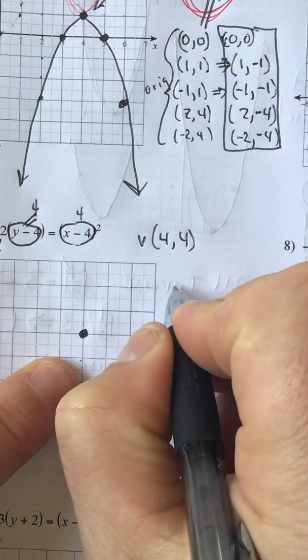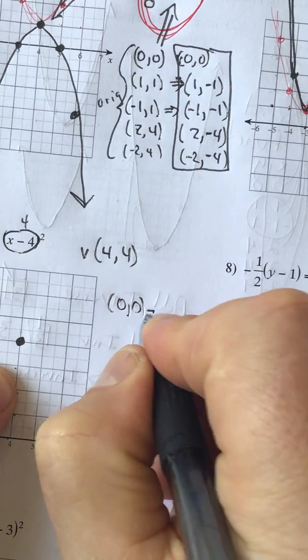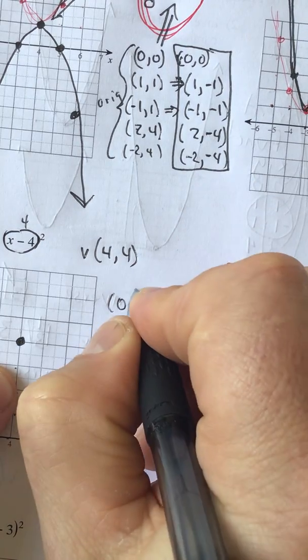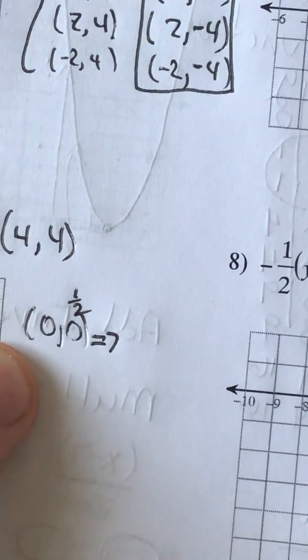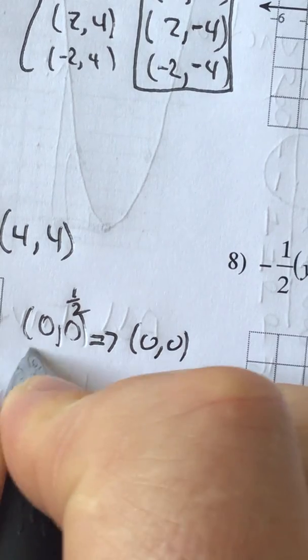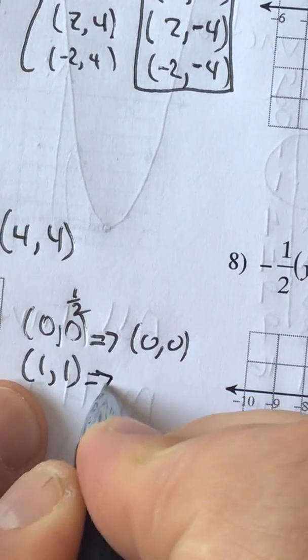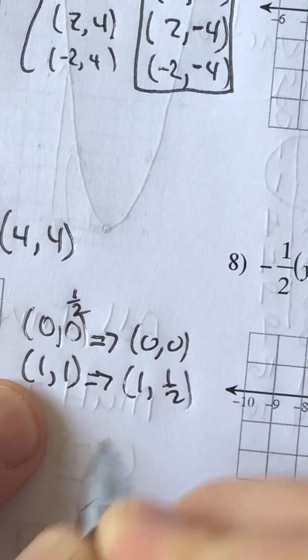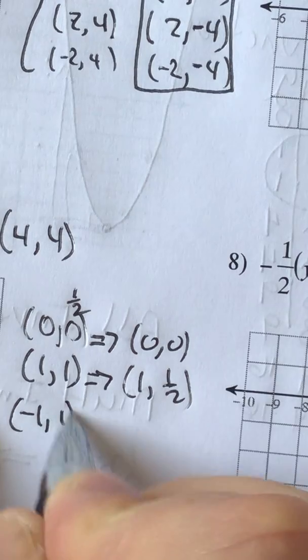Okay, so the vertex, I'm thinking of it as like 0, 0. And all of the y's are times 1/2. So these numbers right here are going to get halved. Well, half of 0 is still 0. Then I know I should have gone 1, 1. Well, half of 1 is now 1/2. Then I should have gone -1, 1.